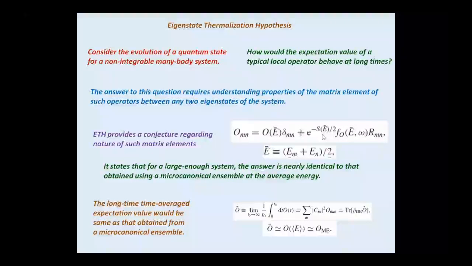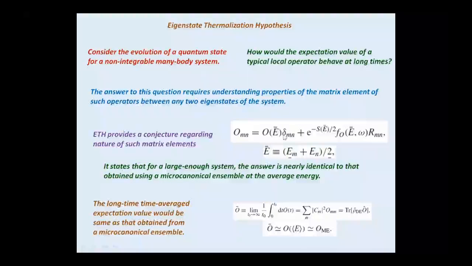So if the system is large, this quantity is exponentially suppressed. And what are these diagonal terms? These diagonal terms are the value of this operator that you would get if you calculated it using a canonical or a microcanonical ensemble with an average E bar, which is basically the energy of this state. Because it's En plus Em by 2, but if you have delta nm, it's just En.